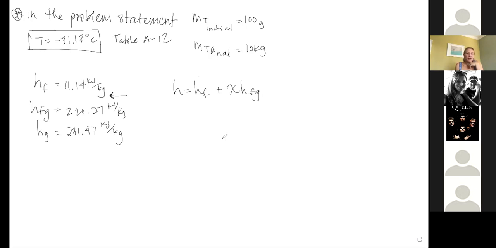But we don't know our final quality. We only know our quality initial, which was 0.8. So while we have these two values, we don't know what our quality is.